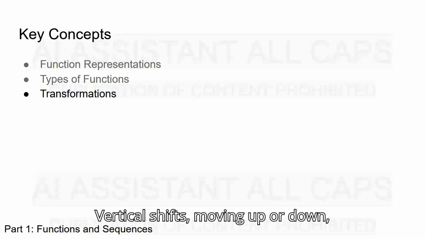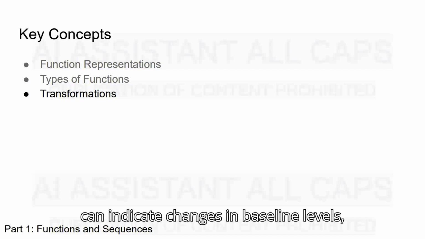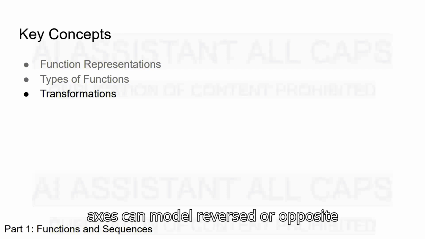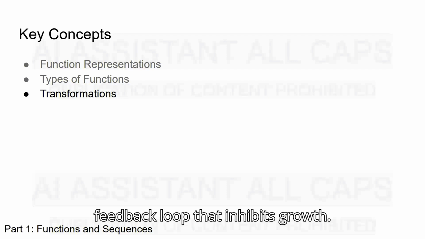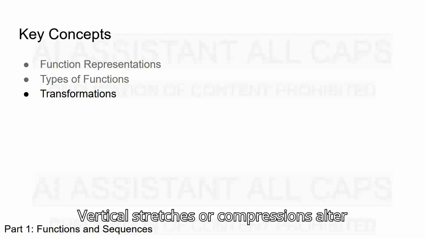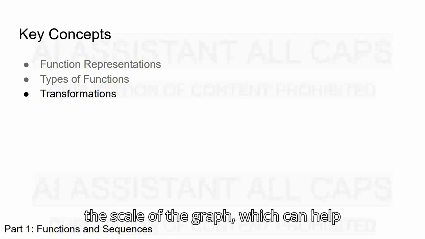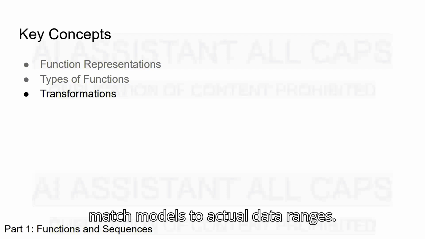Vertical shifts, moving up or down, can indicate changes in baseline levels, such as increased hormone levels after treatment. Reflections across axes can model reversed or opposite biological responses, such as a feedback loop that inhibits growth. Vertical stretches or compressions alter the scale of the graph, which can help match models to actual data ranges.